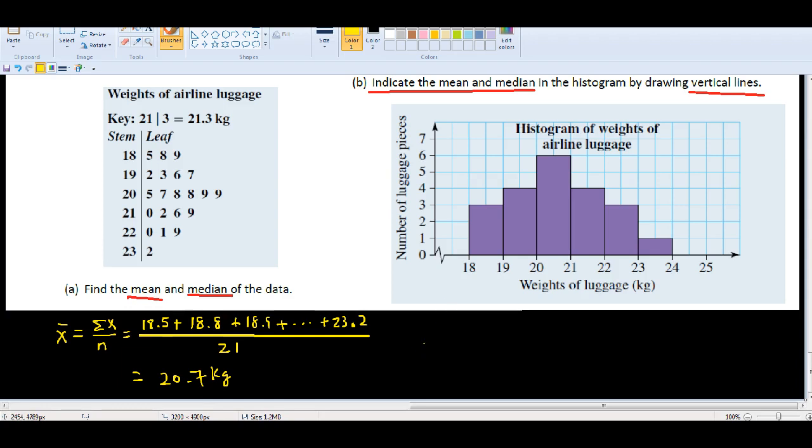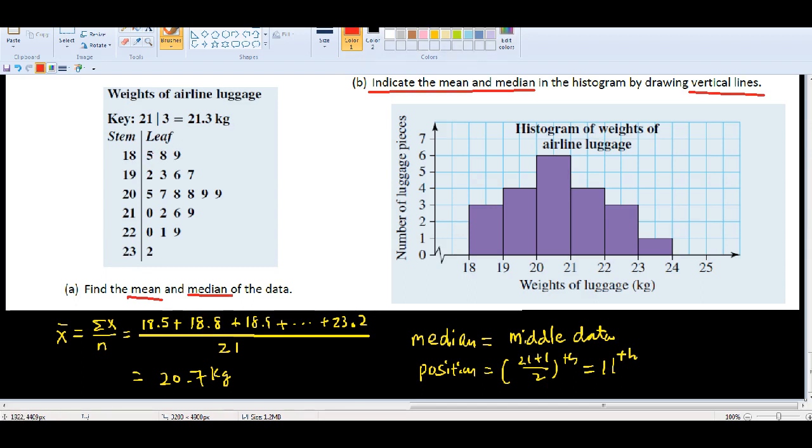Median would be more difficult. Median would be the middle data. Okay, so its position should be 21 plus 1 divided by 2, which is the 11th data. So where is the 11th? So 18.5 is the first, 18.8 second, 18.9 third. 1 2 3 4 5 6 7 8 9 10 11.